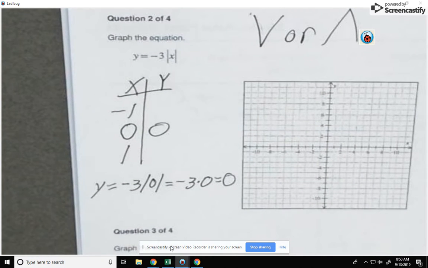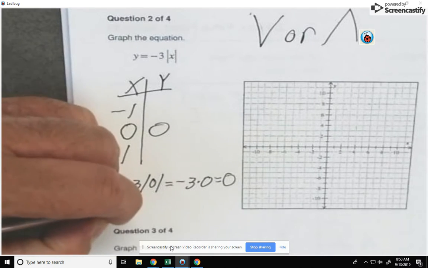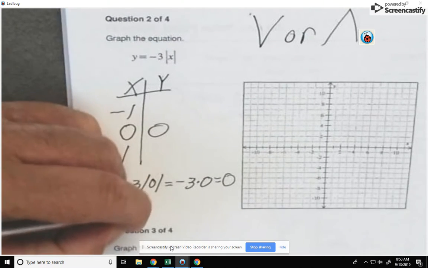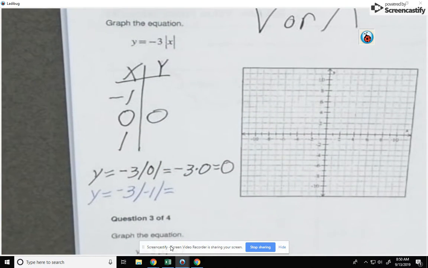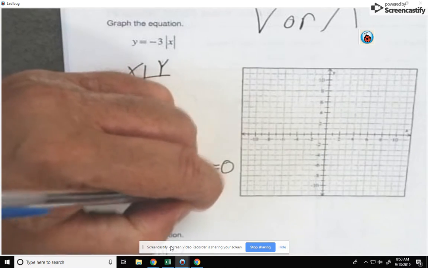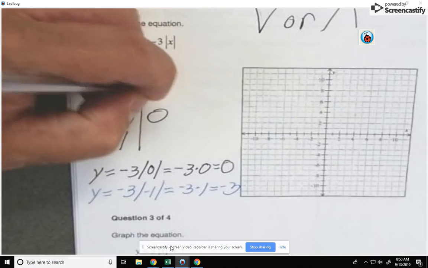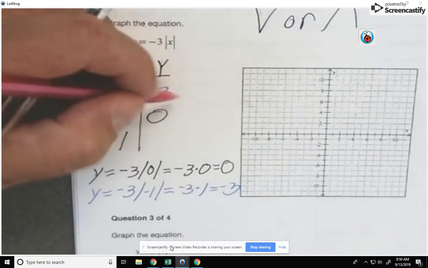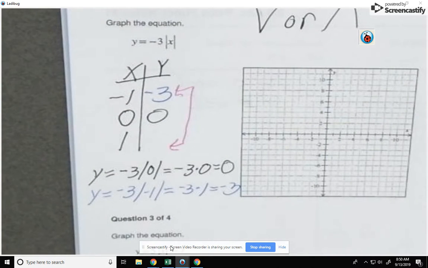If we then plug in -1, we get y equals -3 times the absolute value of -1. So this becomes -3 times 1, which is -3. Now, by rule, these two y's will have the same value.